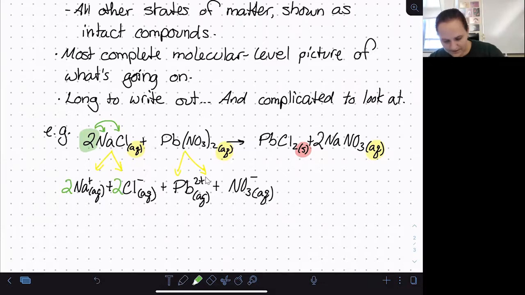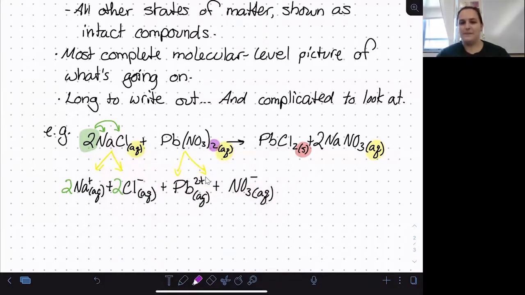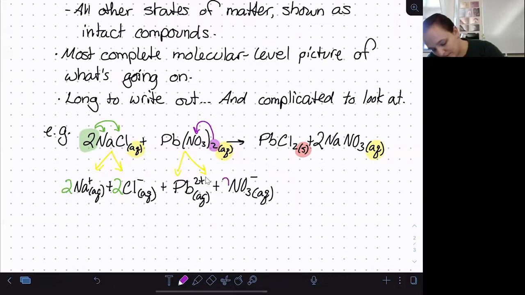Now we have this subscript down here, which is telling us that we have 2 nitrate ions. So the subscript only applies to the nitrate, but it becomes a coefficient in our total ionic equation because those two nitrate ions are separate pieces, that they become separate chunks when that thing breaks apart.